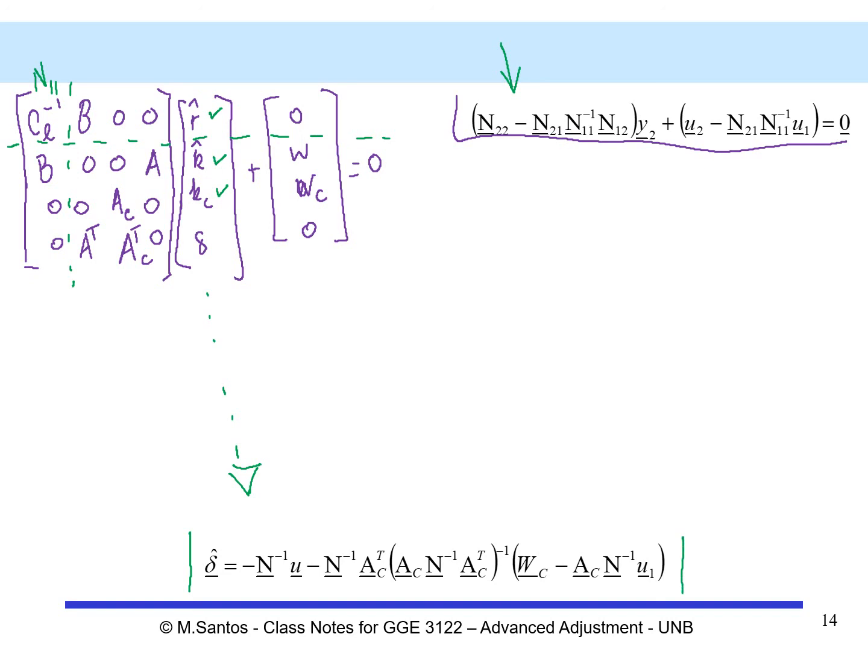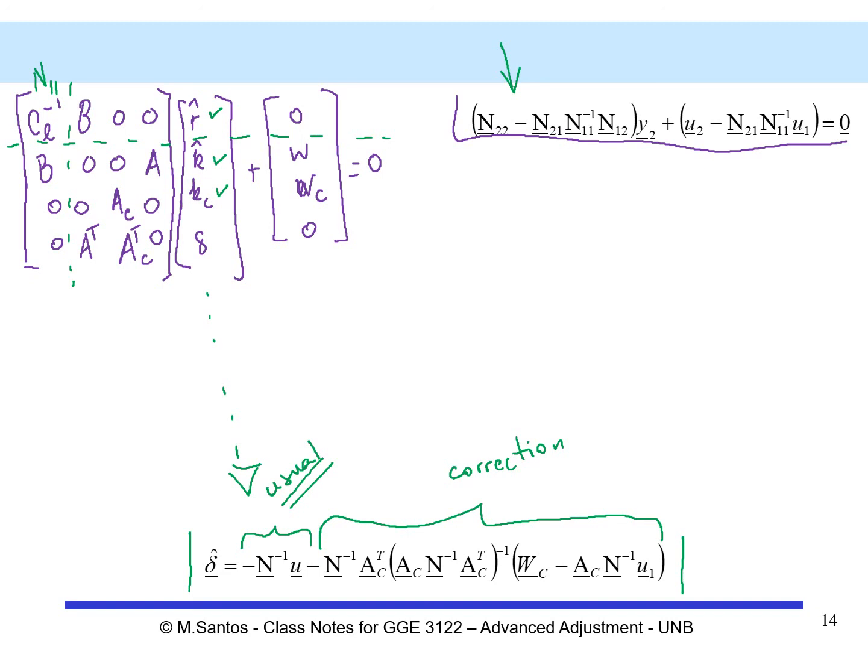This equation here is for the adjustment with functional constraints, and it is a very interesting looking equation, because we have a first term and then we have what we could call a correction. This is the usual term that we use, delta equals minus N inverse U. So who is N?